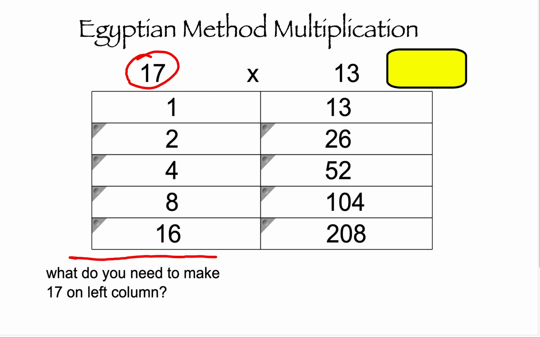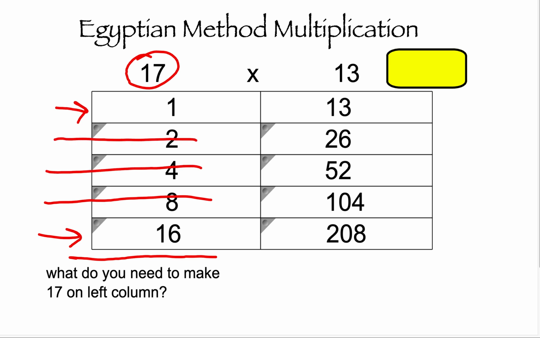To make 17, we need 16. We don't need 8, we don't need 4, we don't need 2, and we need 1, because 16 plus 1 equals 17. Hopefully that makes sense.